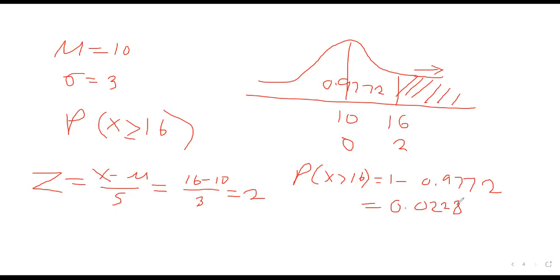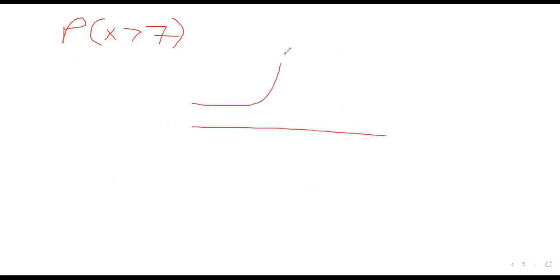I now need you to lead us through this one here. Suppose we're being asked to find x is greater than 7. Who wants to lead us? Step 1: illustrate. Good.